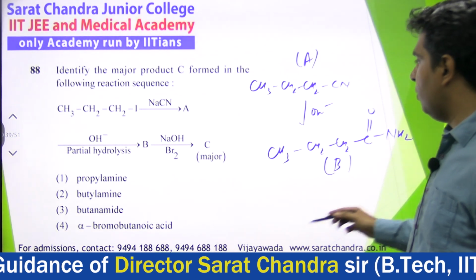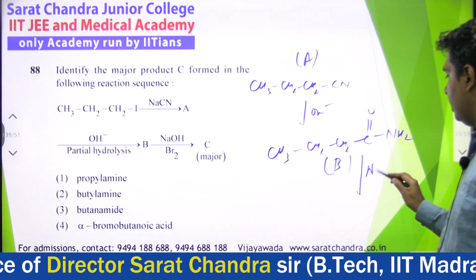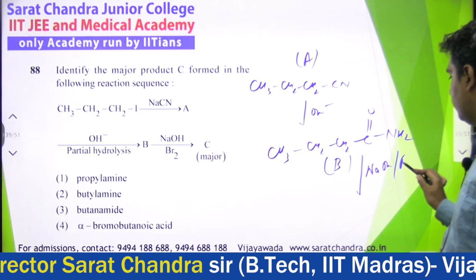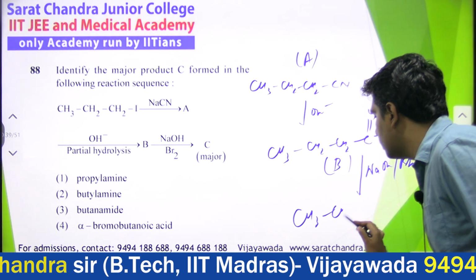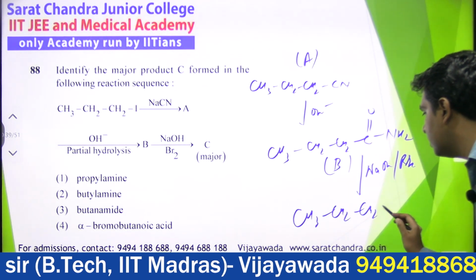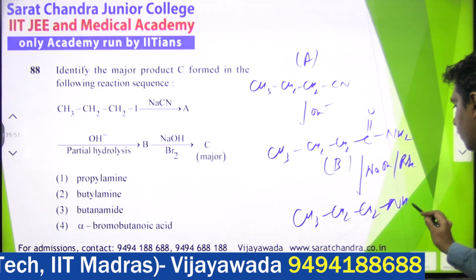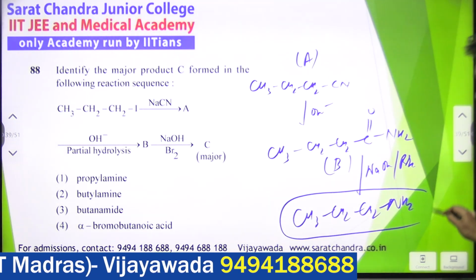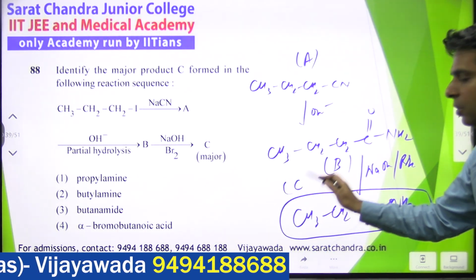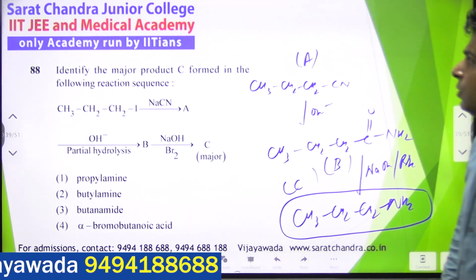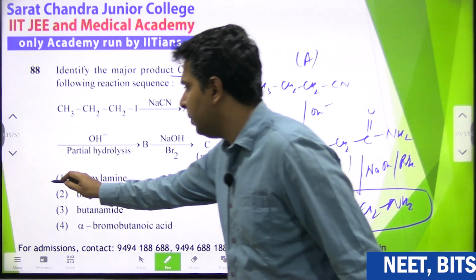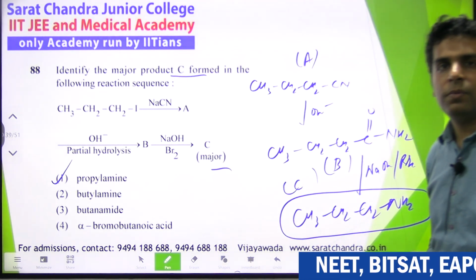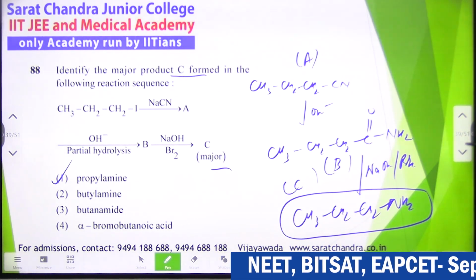Now NaOH and Br2, so Hofmann bromamide degradation. From amides, amines will be formed with 1 carbon atom less. So this will be the amine with 3 carbon atoms. So this is C, the amine that is getting formed. So product C is propylamine with 3 carbon atoms. So answer will be first option.